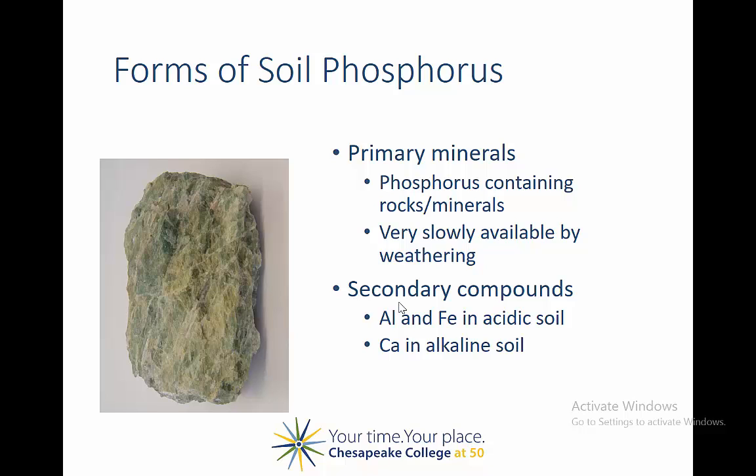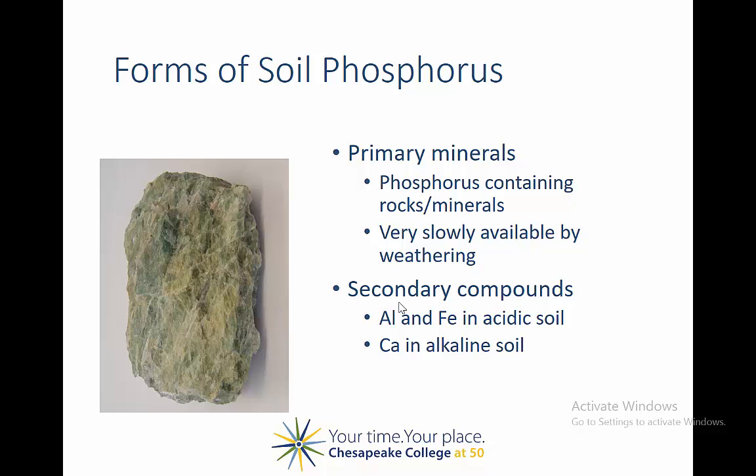But then we move into those secondary compounds. And that's really what we're talking about, like a chunk of phosphorus that's seriously involved. They got a strong relationship there. And it's going to take something like dissolution with acid to really break that phosphorus away from this compound that it's formed.